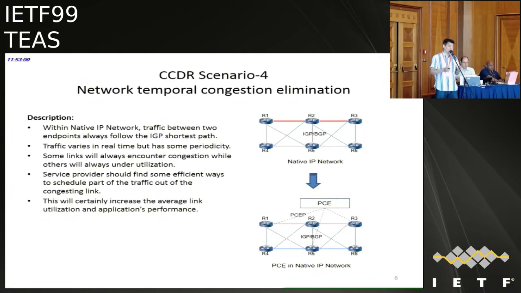For example, during the busy time from 7 p.m. to 9 p.m., congestion happens in some links, but a lot of links are not so busy. So we want to use CCDR to steer traffic from the congested links to uncongested links to increase the whole link utilization in service providers' networks.